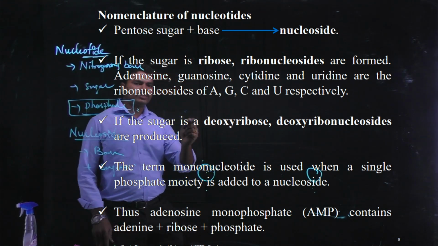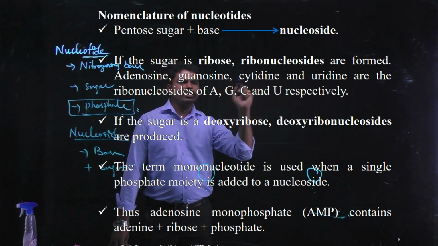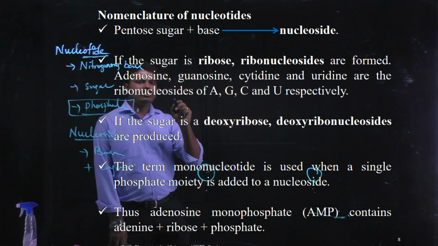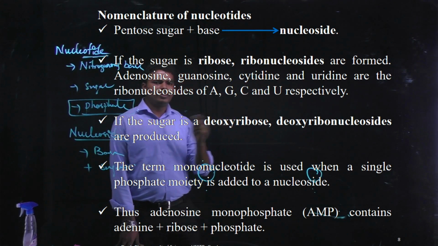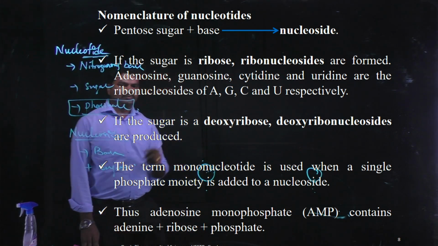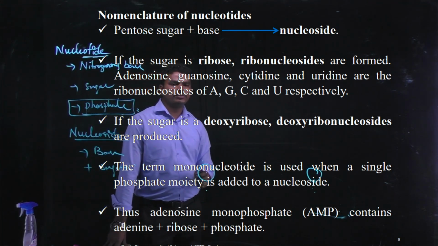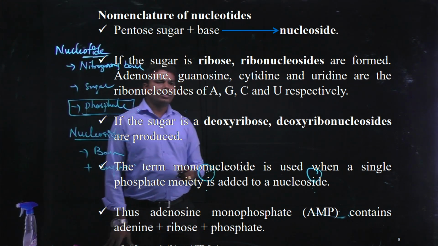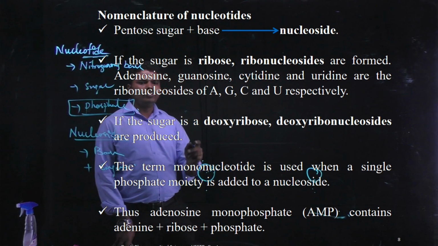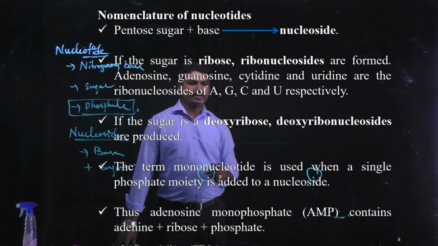These are the ribonucleosides, consisting of ribose pentose sugar attached to the corresponding bases. And if the sugar is deoxyribose, deoxyribonucleosides are produced.